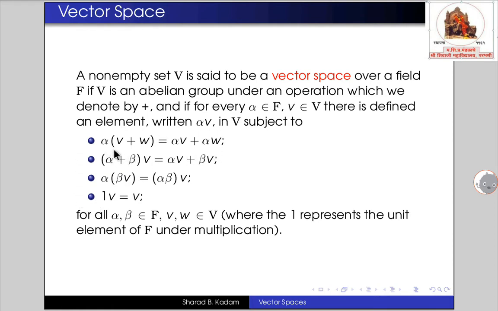First condition is alpha into (v plus w) equals to alpha into v plus alpha into w. Second condition is (alpha plus beta) into v equals to alpha into v plus beta into v.